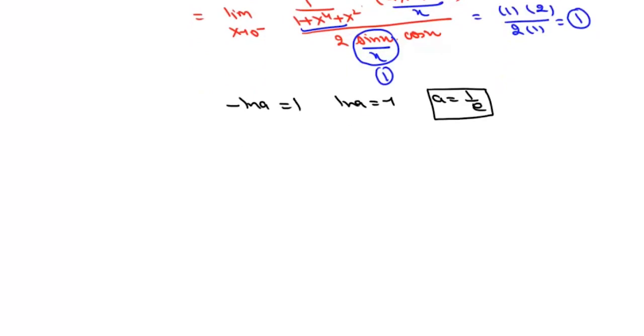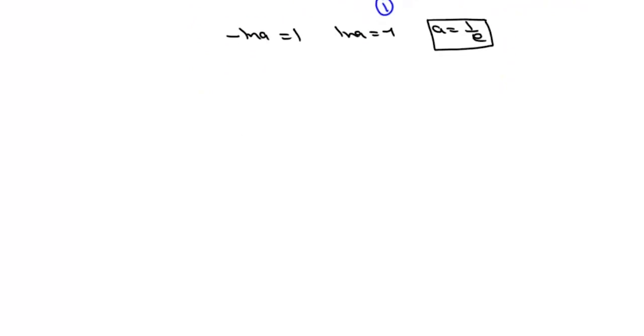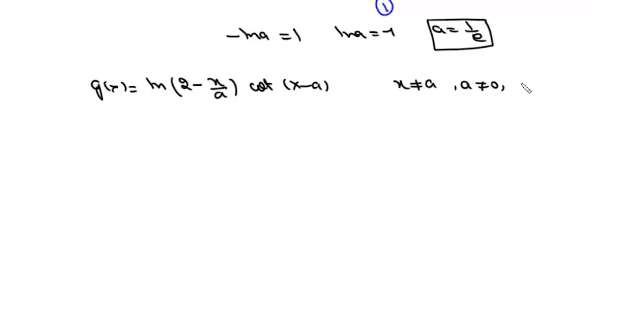Now from here the story of gx begins. Now it says gx is log 2 minus x upon a into cot x minus a for x unequal to a, a unequal to 0, and a greater than 0.